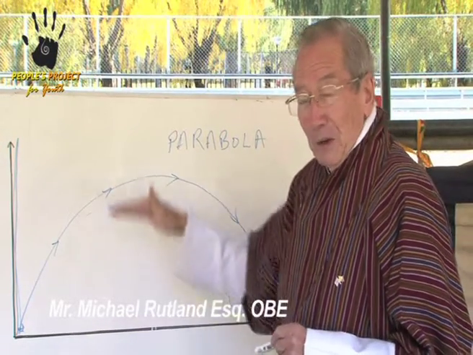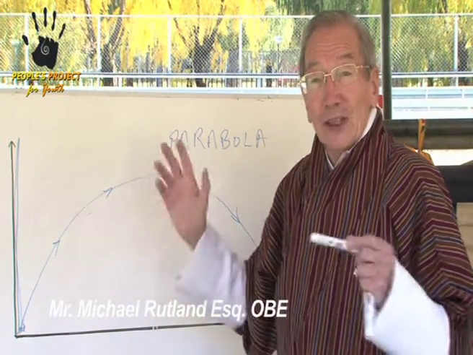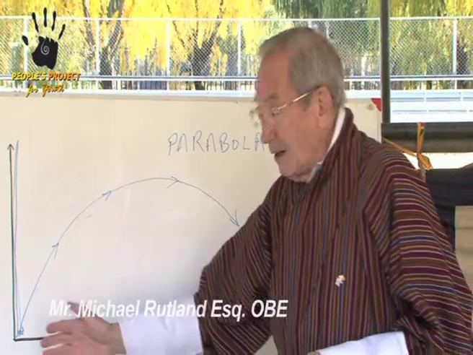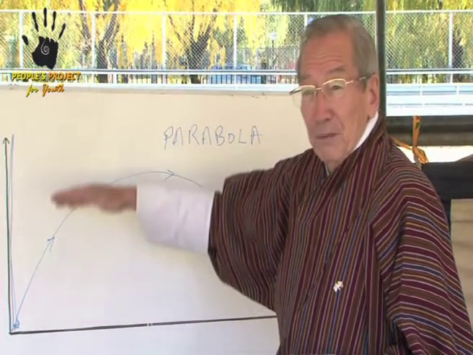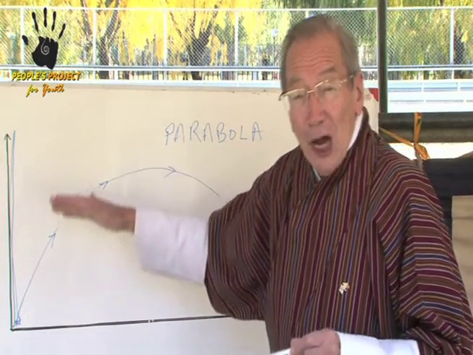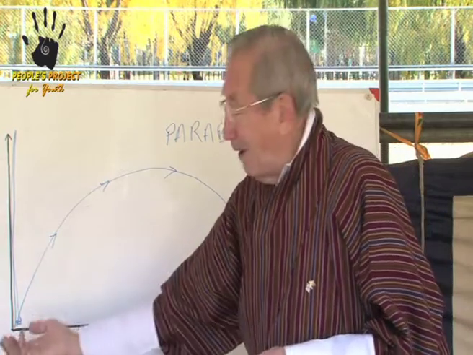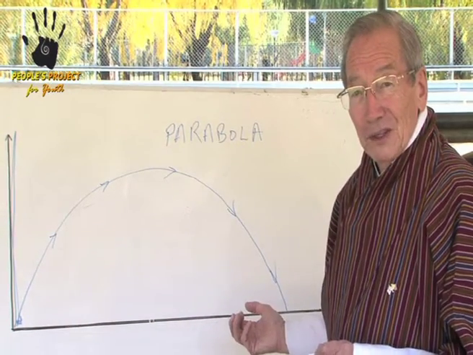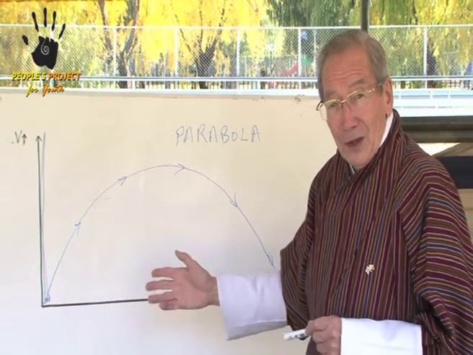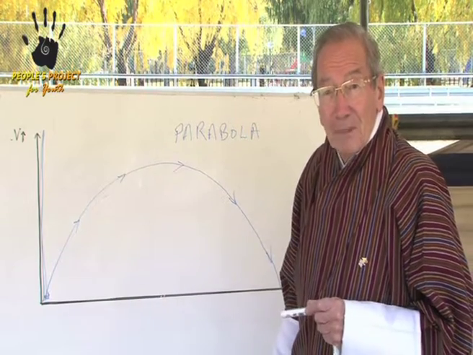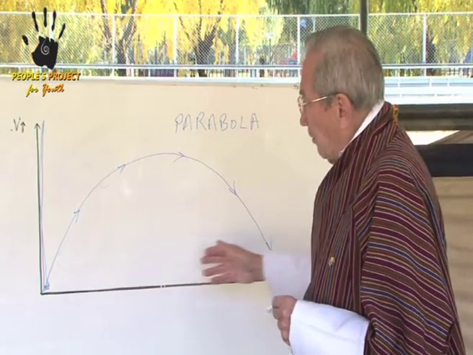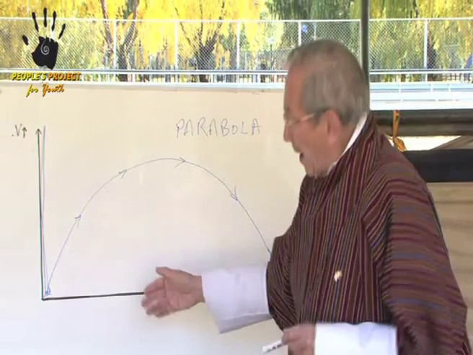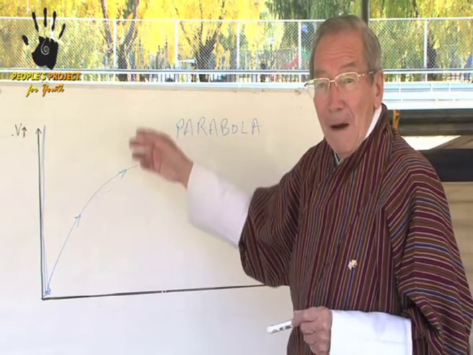The vertical movement is totally independent of the horizontal movement. It's difficult to accept that, but it's true. The fact that the ball is moving along does not affect the way in which it moves up and down.